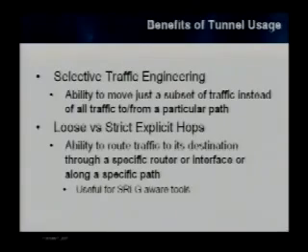And it also allows you to specify specific routers that you do want your traffic to flow through. You can do that through a series of strict hops, which basically you can use a loopback address or an interface IP and say, all right, this is one of my constraints on my path. I want all the traffic along this specific tunnel to transit this particular interface or this particular router.